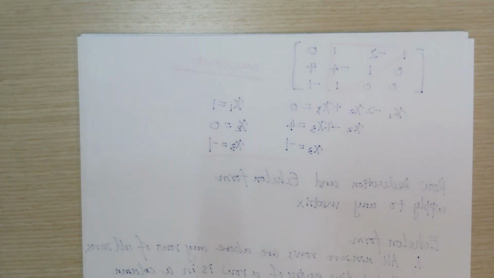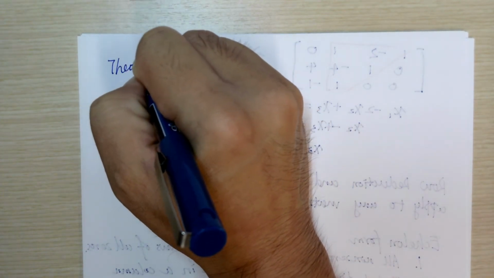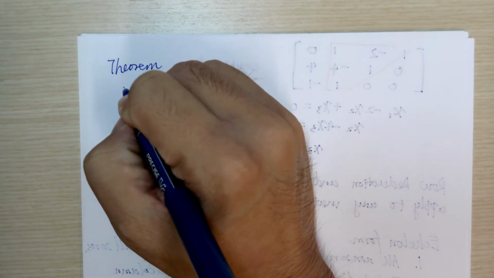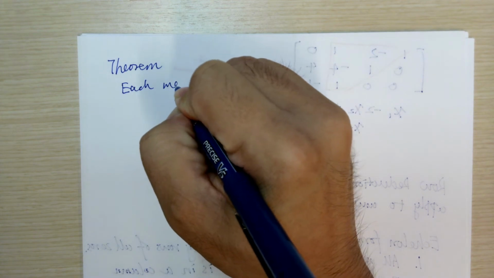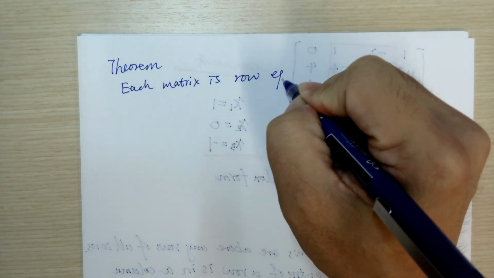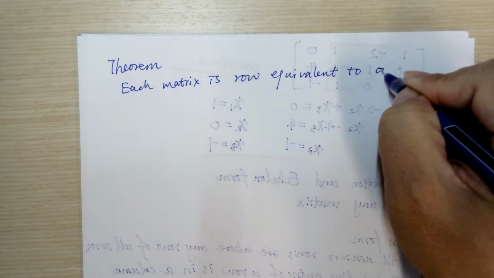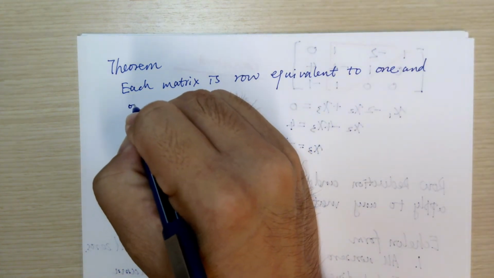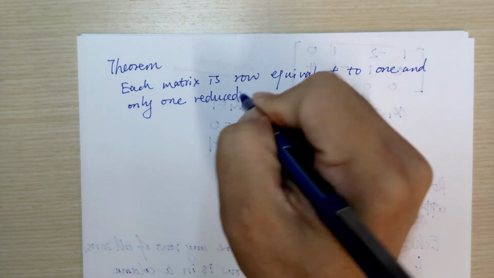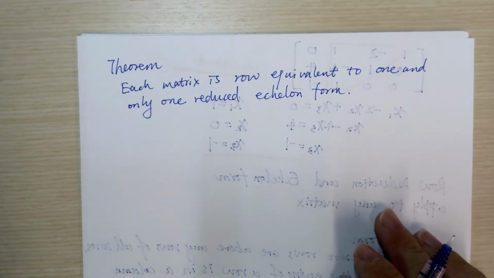The first conclusion, or theorem, is: each matrix is row equivalent to one and only one reduced echelon form. What does that mean?